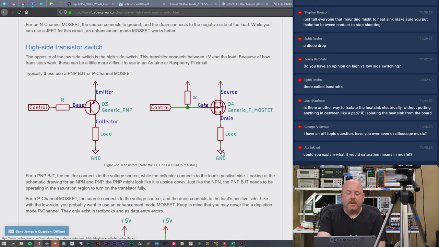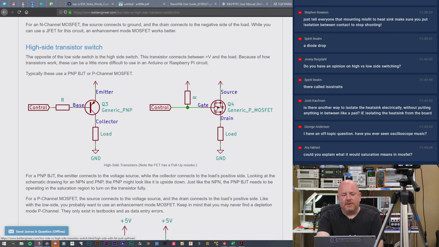This is really nice because now your load, which is probably more likely to be exposed to an end user, is no longer sitting active. The main downside to this is how do you turn this transistor on? What you'll notice is there's a PNP for a BJT and a P-channel for the MOSFET.